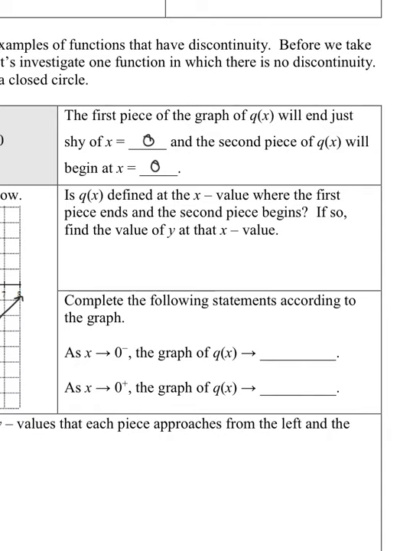If so, find the y value at that x value, okay? So we've got to find Q of 0, all right? But look back at the piecewise function. Do we have to use equation 1 or equation 2? Are you sure? Equation 1 or equation 2?